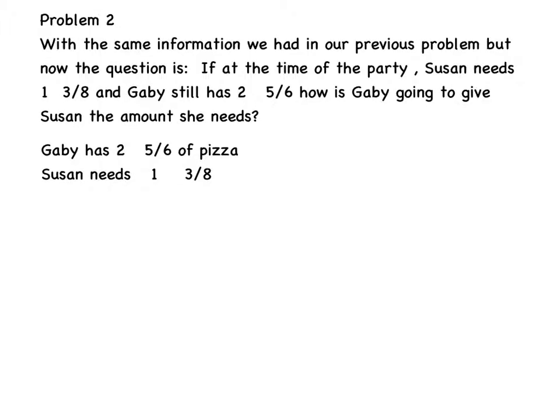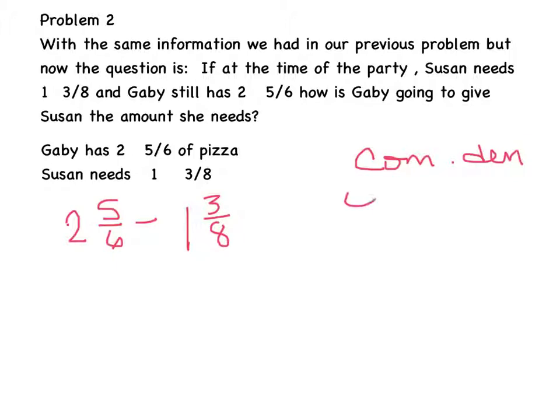Okay, this is what we have. We have 2 5/6, and Gabby needs 1 3/8. So we're going to subtract from those 2 5/6, 1 3/8. The first thing is to get the common denominator. And we're going to make a table so that we can get the common denominator. We say 2 into 2, 6 into 2, 3. 8 into 2, 4.